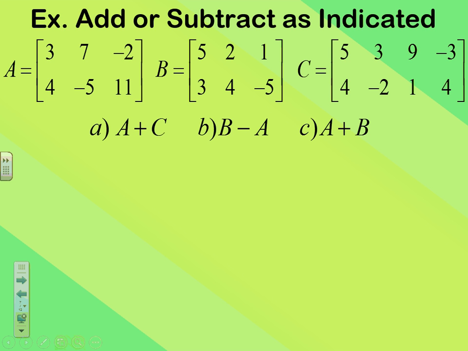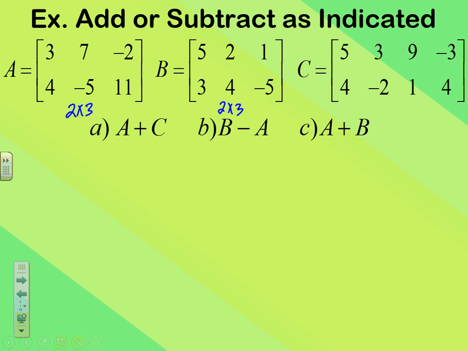So here what we're going to do is say matrix A plus matrix C. Well, while we have them here, since everything's up at the top, matrix A, what is its size? It has 2 rows and 3 columns, so this is a 2 by 3 matrix. Same thing with B. It has 2 rows and 3 columns, so this is a 2 by 3 matrix.